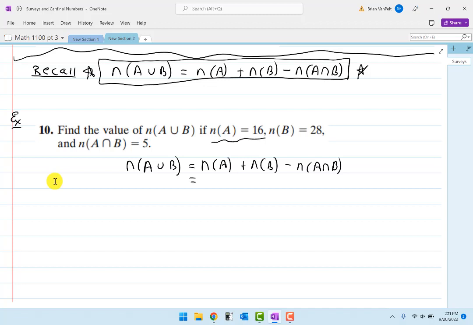I know that n of A is 16, n of B is 28, and n of the intersection is 5. Well, that makes it pretty easy for me. All they want me to say is what is the size of A union B. So 16 plus 28 is 44 minus the 5 equals 39.